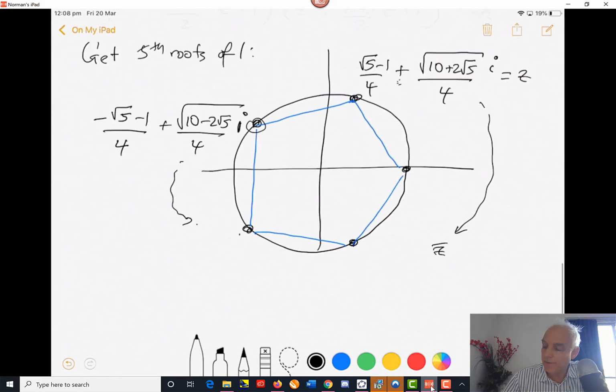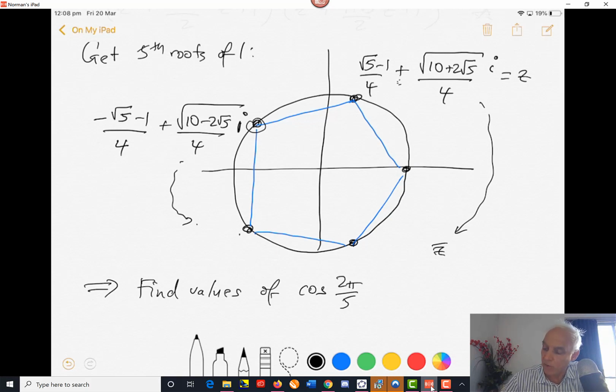Once you have done this, as a consequence, we find the values of cosine of 2 pi on 5. This angle here is 2 pi on 5, so the x-coordinate, this thing here, is going to be cosine of 2 pi on 5, and the y-coordinate is going to be sine of 2 pi on 5.